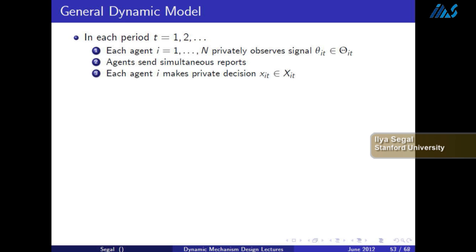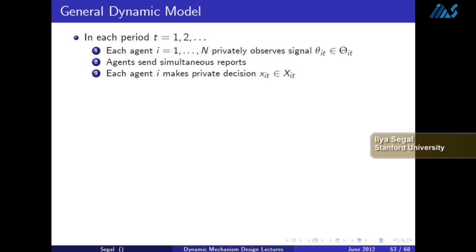The agents send simultaneous reports. Each agent makes a decision. By the way, just to make it a little more general and interesting, we allow moral hazard as well, so that agents can make private unobserved decisions. And of course, you can probably anticipate that we can only sustain efficiency when the moral hazard doesn't have externalities. This decision could be increasing my value, but if it has externalities, then in general you will not have efficiency.